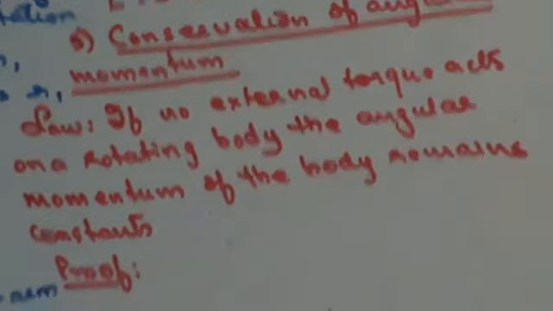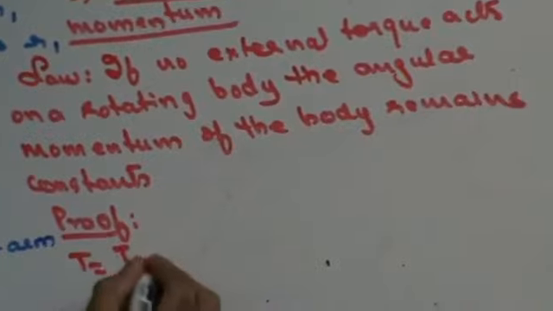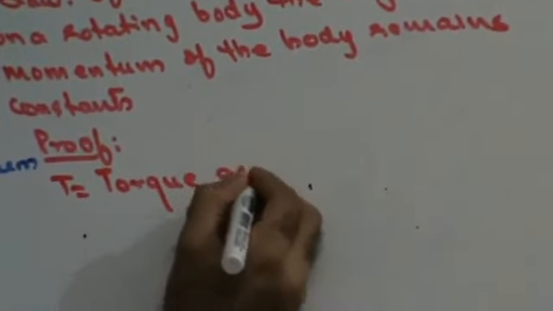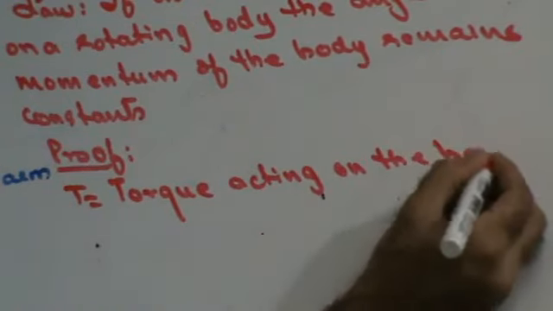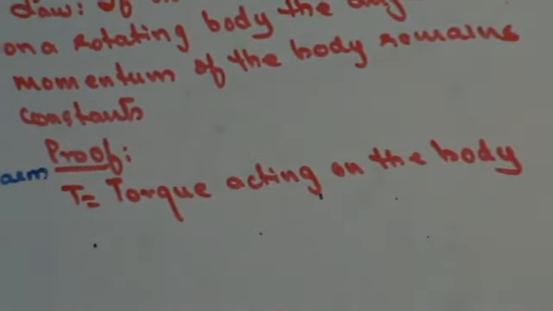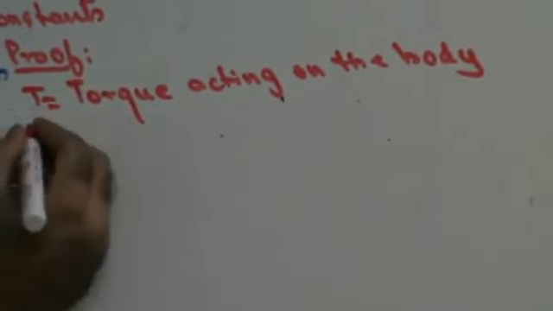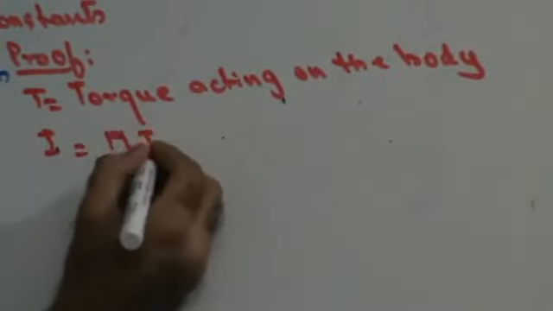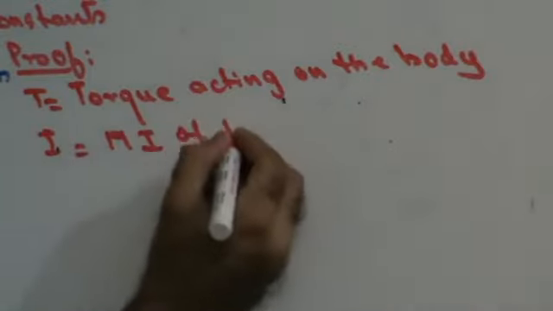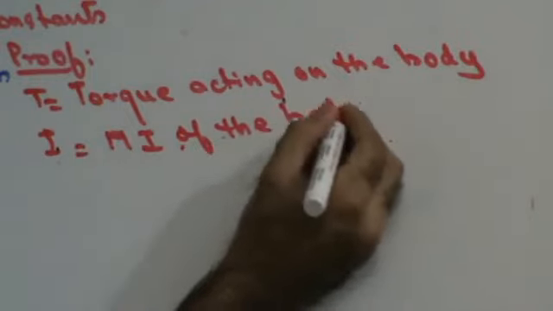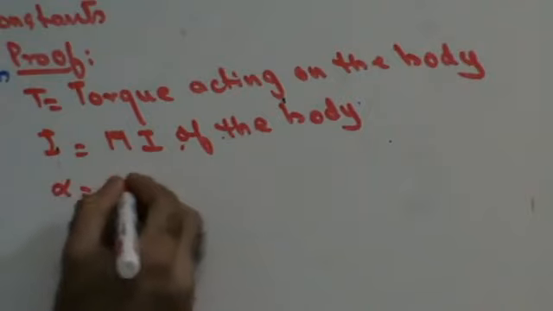Let's assume that T is the torque acting on the body and I is the moment of inertia of the body. Let's assume that alpha is the angular acceleration.